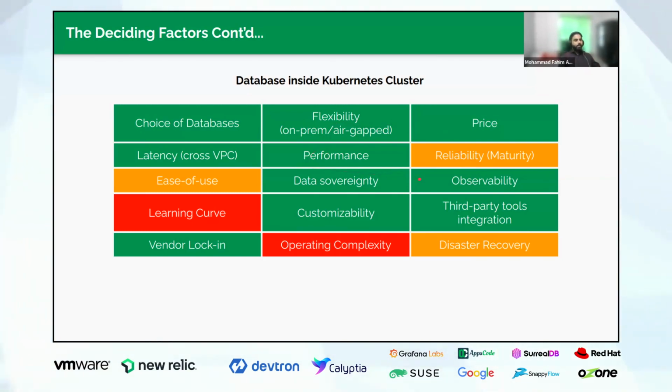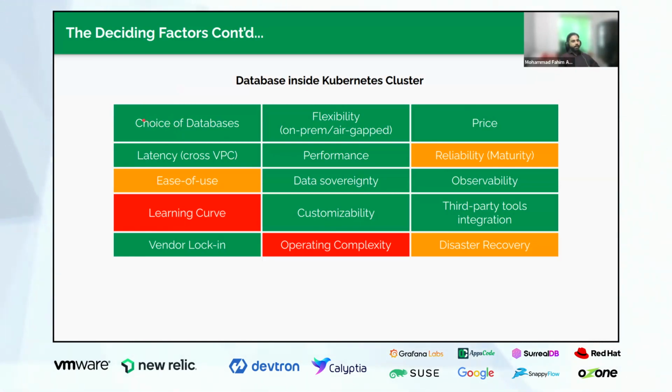Now let's check what running a database inside Kubernetes brings for you. The choice of database. So you don't have to worry about the choice of database. You have a lot of options. If your database has a containerized solution, like a Docker container, you can use that database inside Kubernetes, because when you are choosing the database, you just need to run it in your cluster with the image.